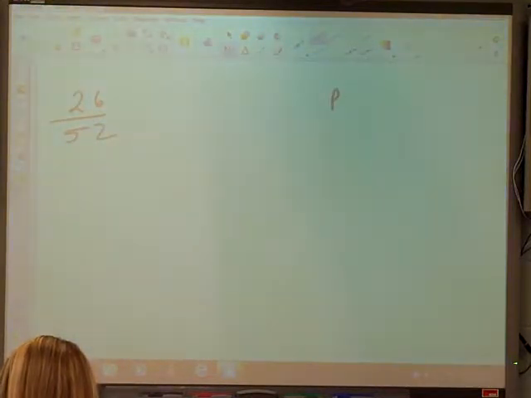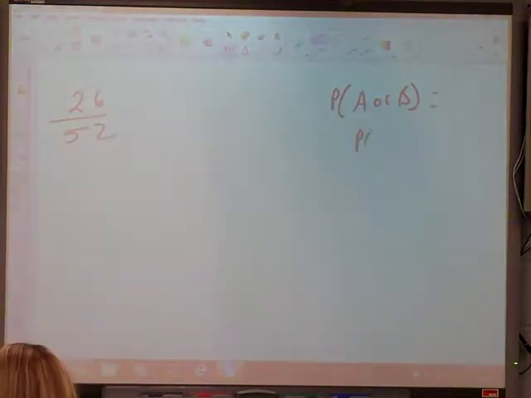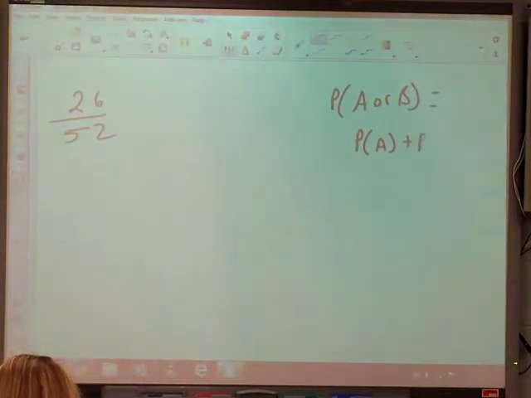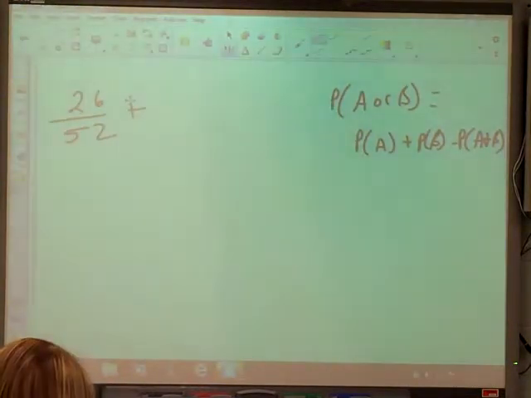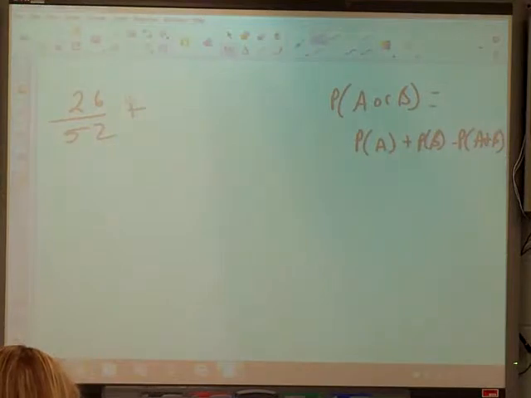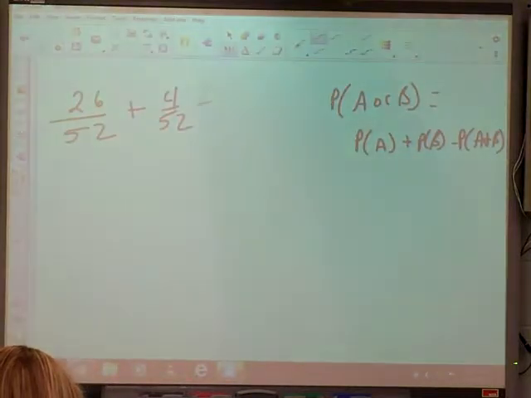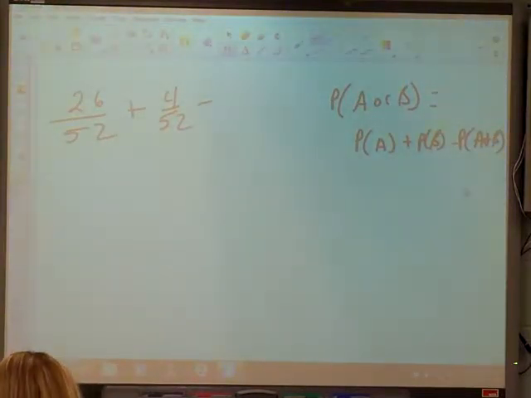Your or, probability of A or B, says probability of A plus probability of B minus probability of A and B. So I'm going to add this to the probability of a jack. So I look there, I see I've got 2 reds and 2 blacks, so I've got 4 jacks. Minus the probability of both. So how many black jacks are there?